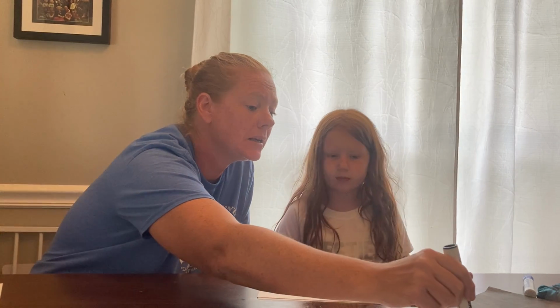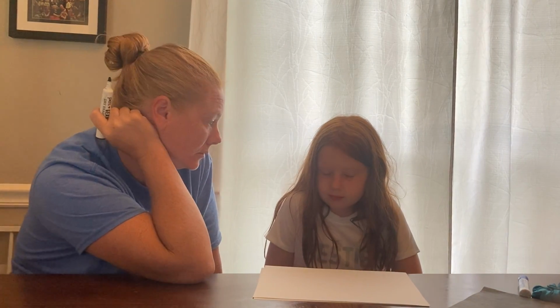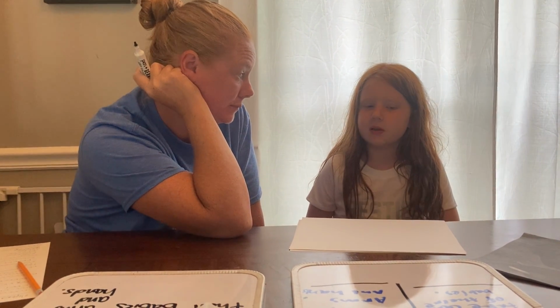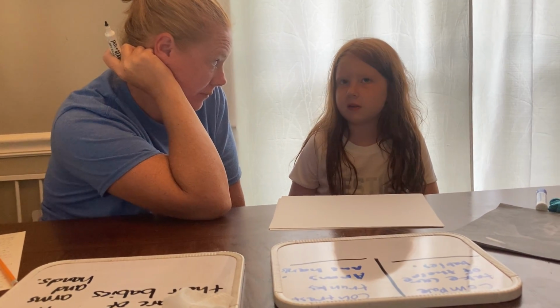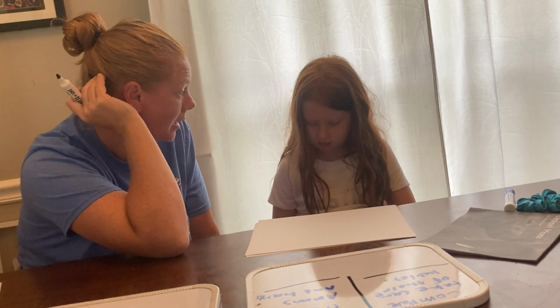So is there a way we could say it where we're making sure that we talk about how they're the same and how they're different? Could we say something like elephant moms and human moms are the same because they both need bodies to take care of their babies? Because they both just take care of their babies, don't they?